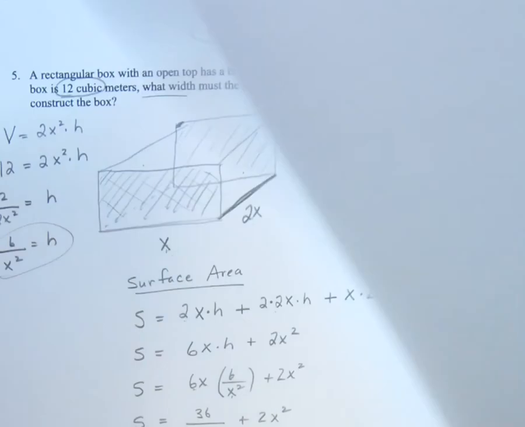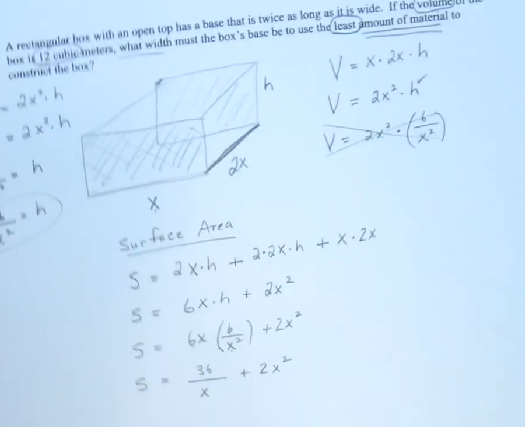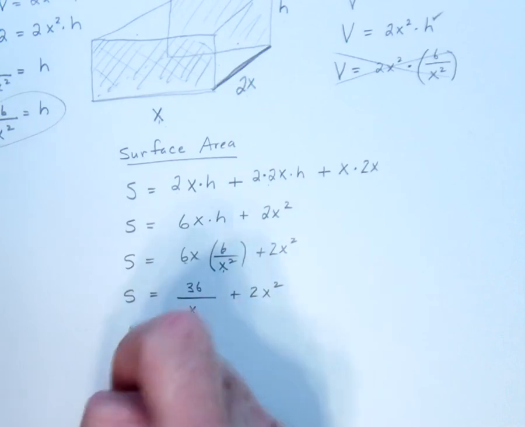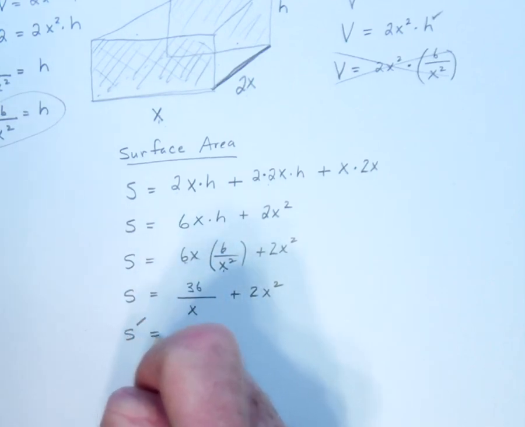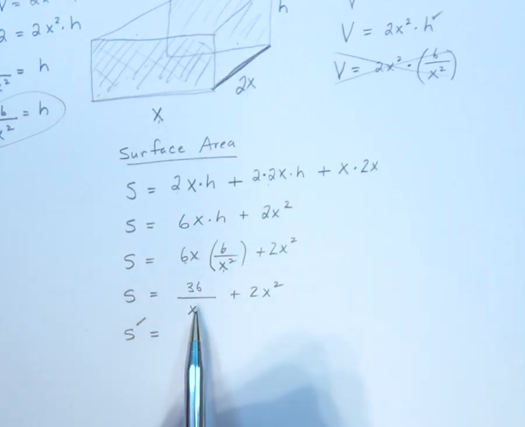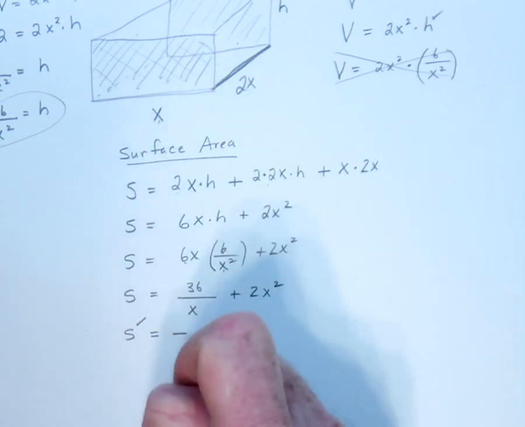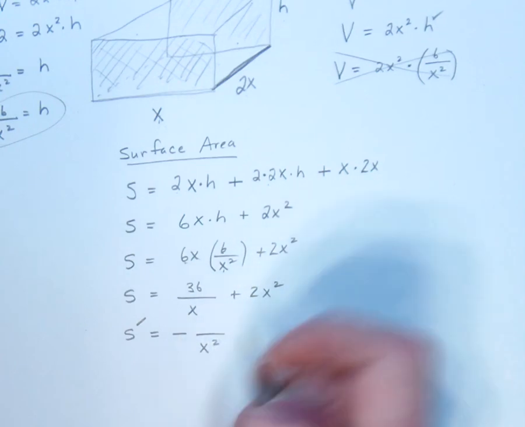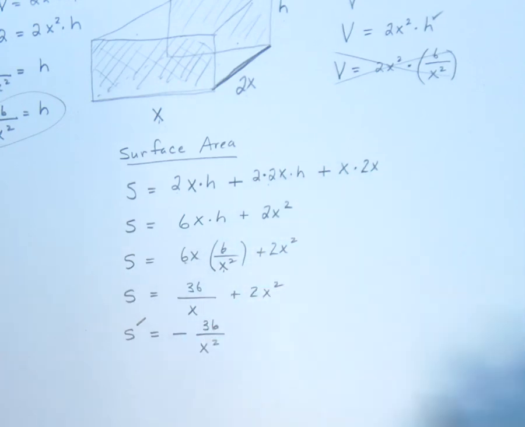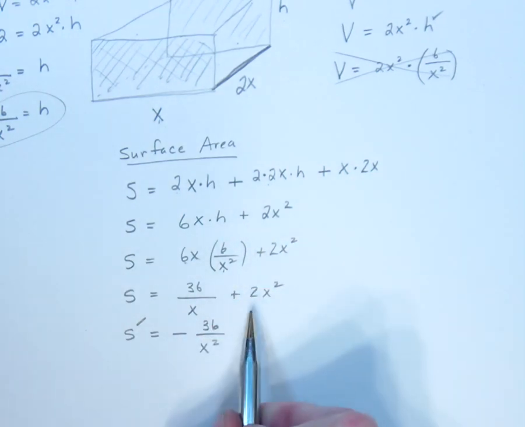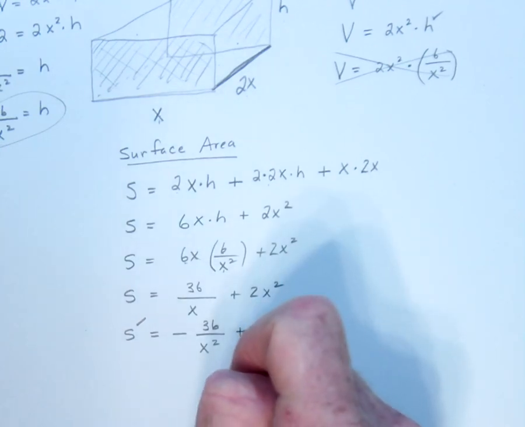So we're going to do the same thing. Take the derivative and set it equal to 0. For the moment, just ignore the 36. This is like 1 over x, so the derivative is negative 1 over x squared. The 36 just stays there. The derivative of this is plus 4x.